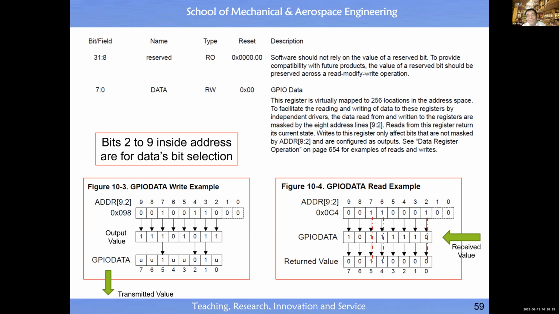Even if you want to guess, you must know this encoding bit selection from bit 2 to bit 9. Then inside these 8 bits, when you put the 1 there, that means the corresponding bit inside the data bus could flow in, flow out. Otherwise, it will not take part inside the input-output operation.